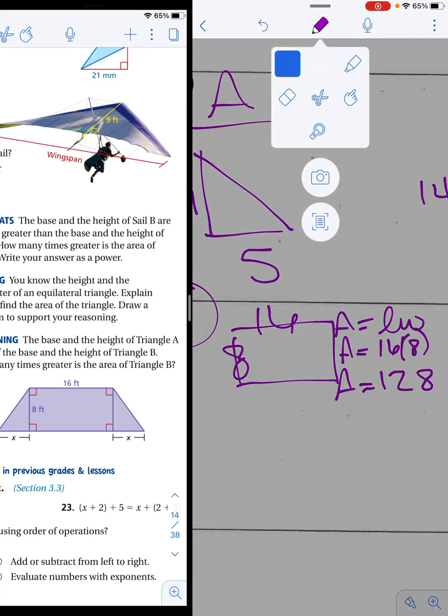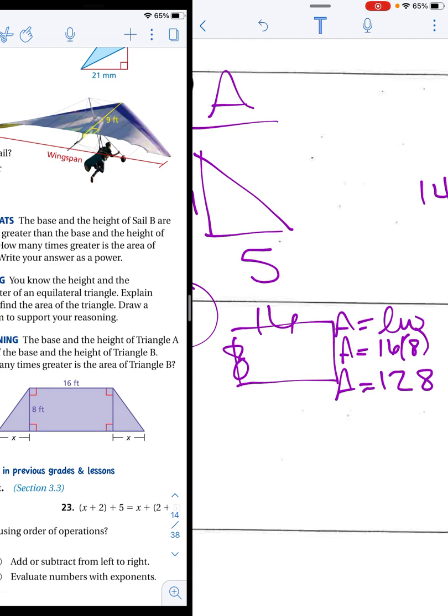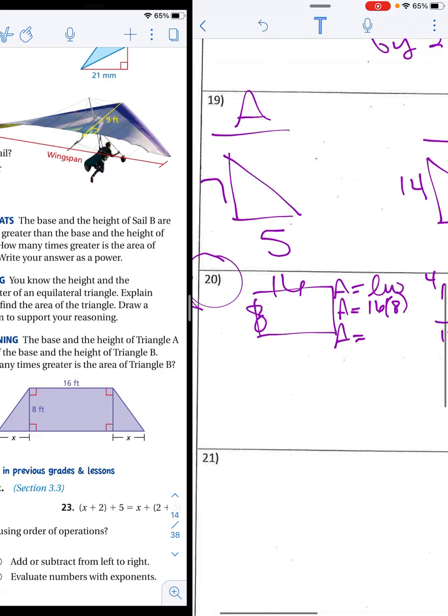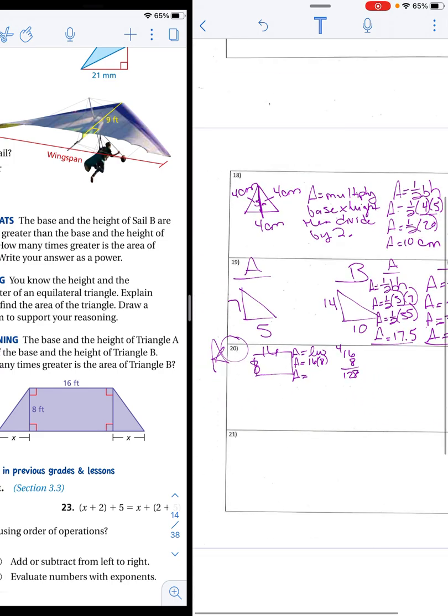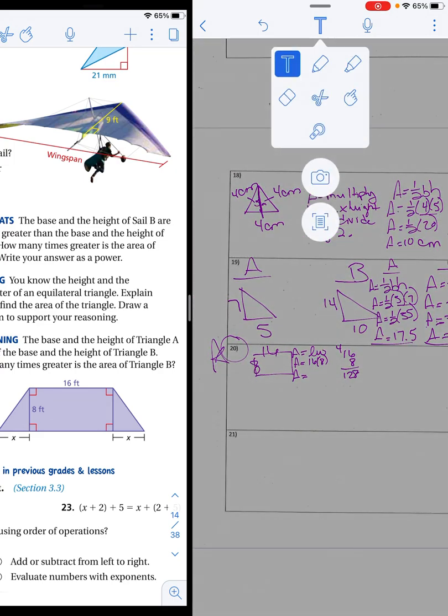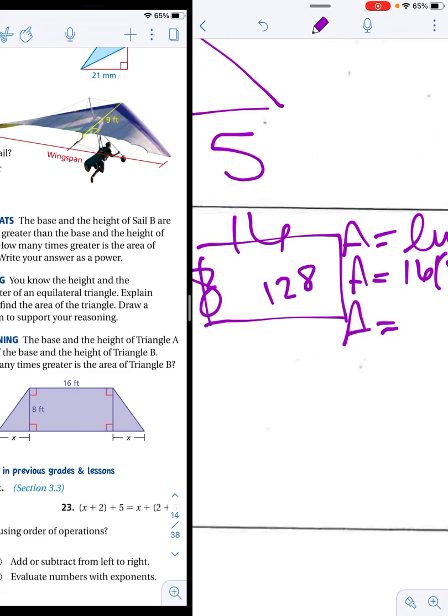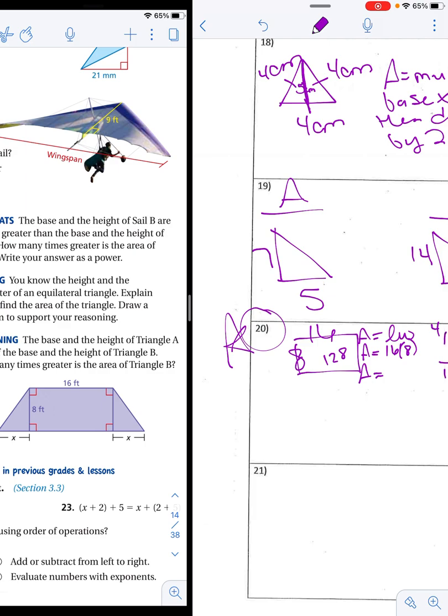I'm gonna write that in a different color if I can. I messed up. Okay, maybe I can't. This is 128 in here. Okay, what else do we know?